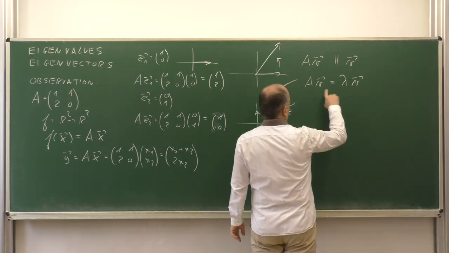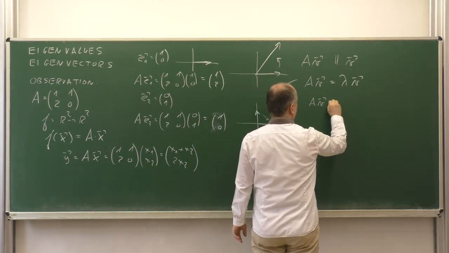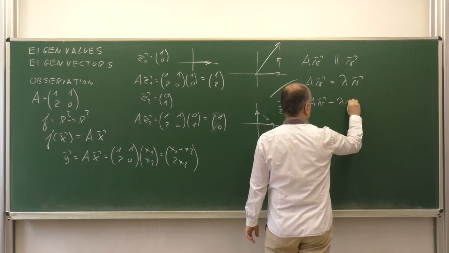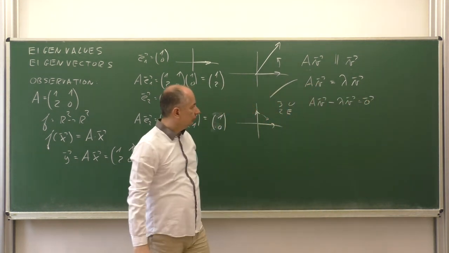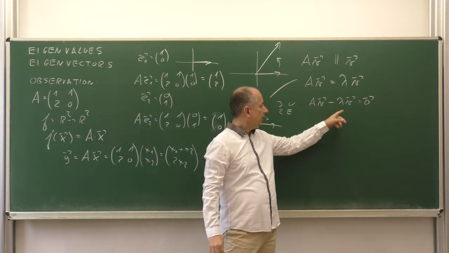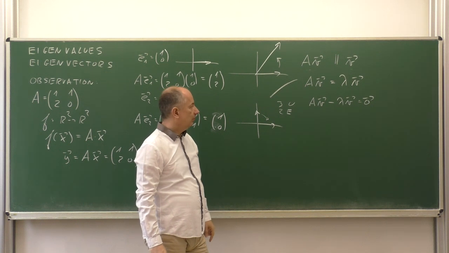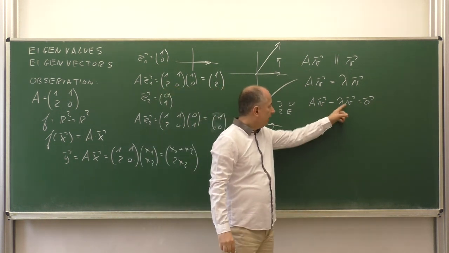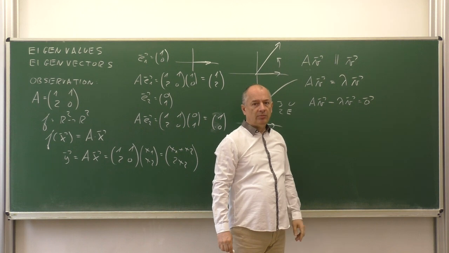Well, okay, we can manipulate this a little. We can subtract lambda v. If it were just numbers, then we would probably factor out v. But if we factor out v here, we get matrix A minus number lambda.